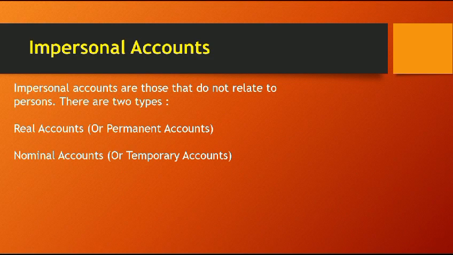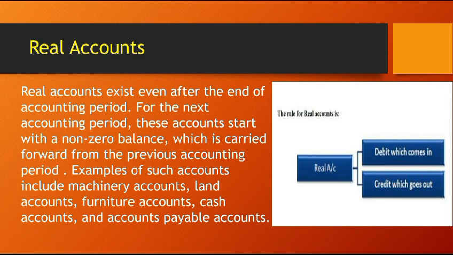And further, the impersonal account, we have already studied, is divided into two, that is real account, which we also call the personal account, and the nominal account, which we also call the temporary account. Under the real account, we study that it exists even after the end of the accounting period.